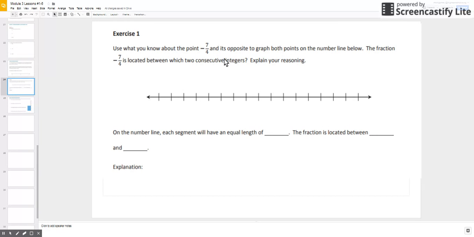If we take what we did before and break it up in the same manner, then we can identify negative 7/4 and its opposite, positive 7/4. If we find the middle point here to put 0, as you see, there is no 0.